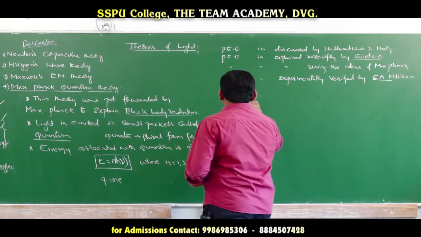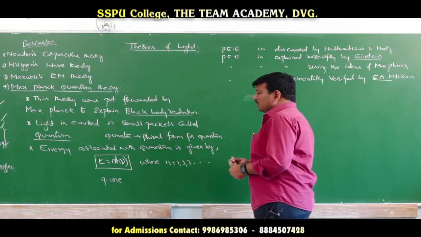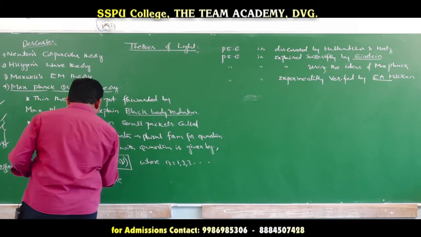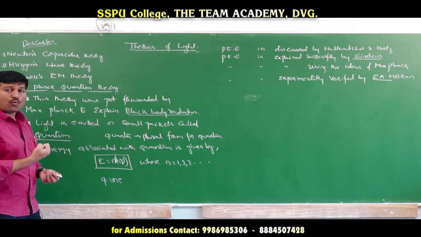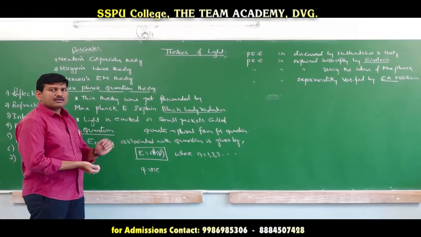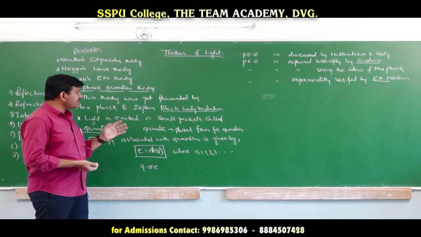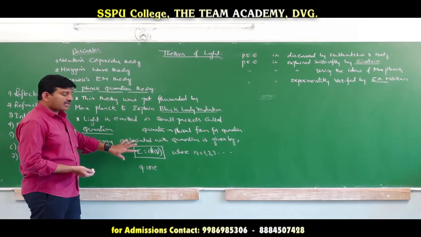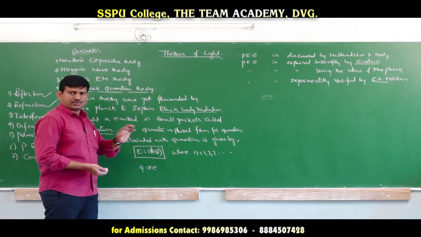Now, while explaining the photoelectric effect, Einstein named this packet of energy proposed by Max Planck as the photon. Who named the packet of energy as photon? Einstein. According to quantum theory, the energy associated with any packet is given by E is equal to n h nu.